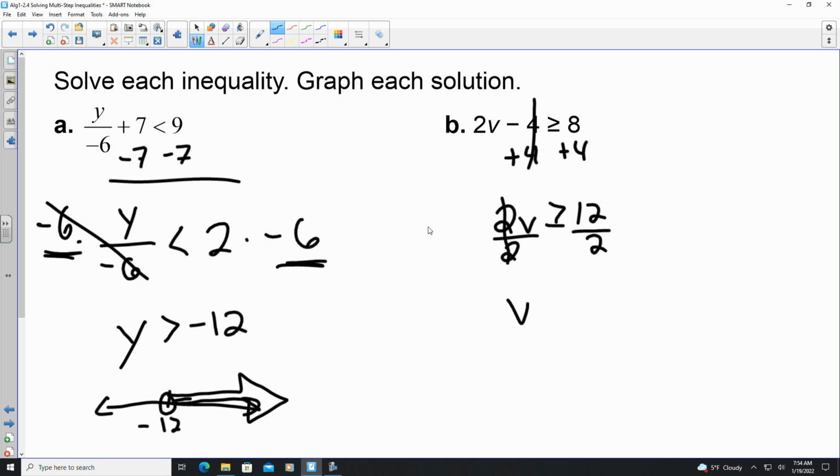So now I have v is greater than or equal to 6. I didn't have to make any change because I divided by a positive number. My variable is on the left-hand side, so that's good. This one's going to be a closed circle, and my arrow is going towards the right.